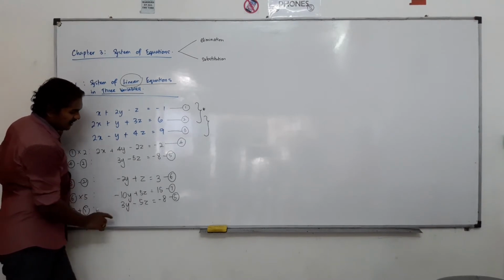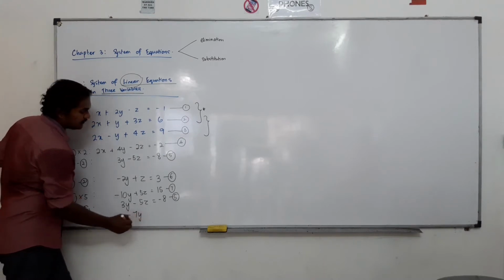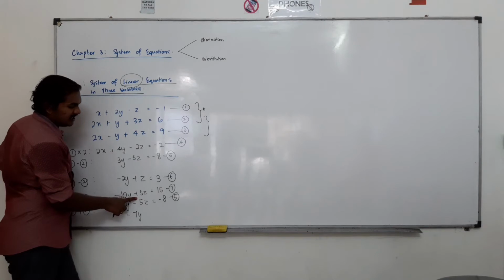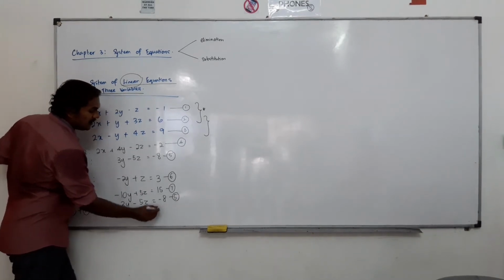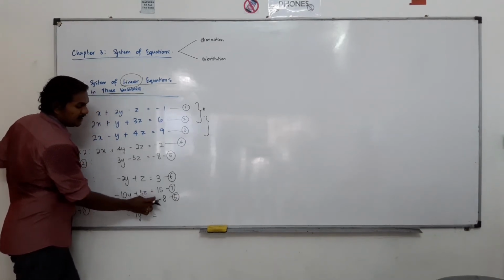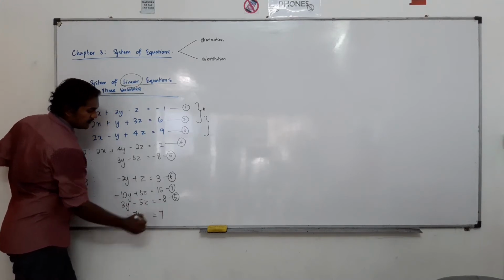When you add up the equations, negative 10y plus 3y will be negative 7y. Positive 5z plus negative 5z will be 0, so z will be 0. 15 plus negative 8, the answer will be 7.